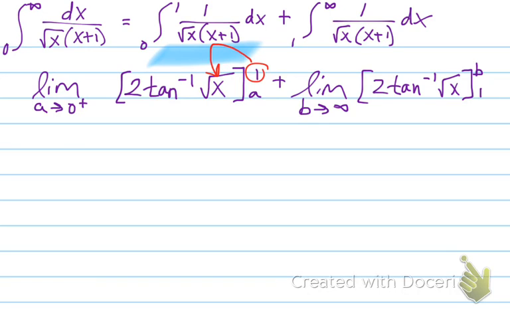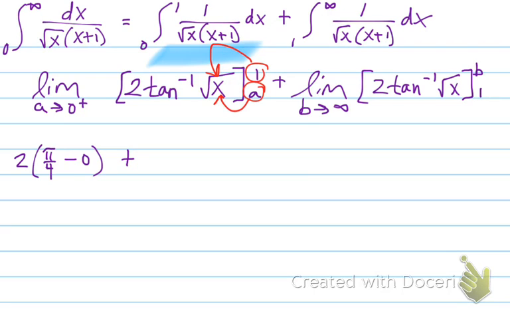So I'm going to write 2 times pi over 4. Minus, when I plug in a, and then if I'm taking the limit as a goes to 0, that would be tangent inverse of 0, which we talked last time was actually 0. So that would be minus 0. So that's that first interval.